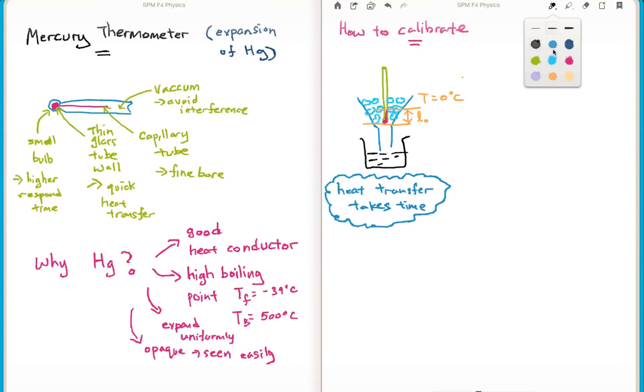Then what next? The same thermometer will be put into the round bottom flask of boiling water.